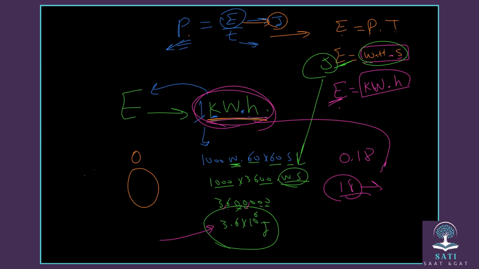When the electricity comes to the city, transformers reduce the voltage again, and that voltage is then transferred into our homes.